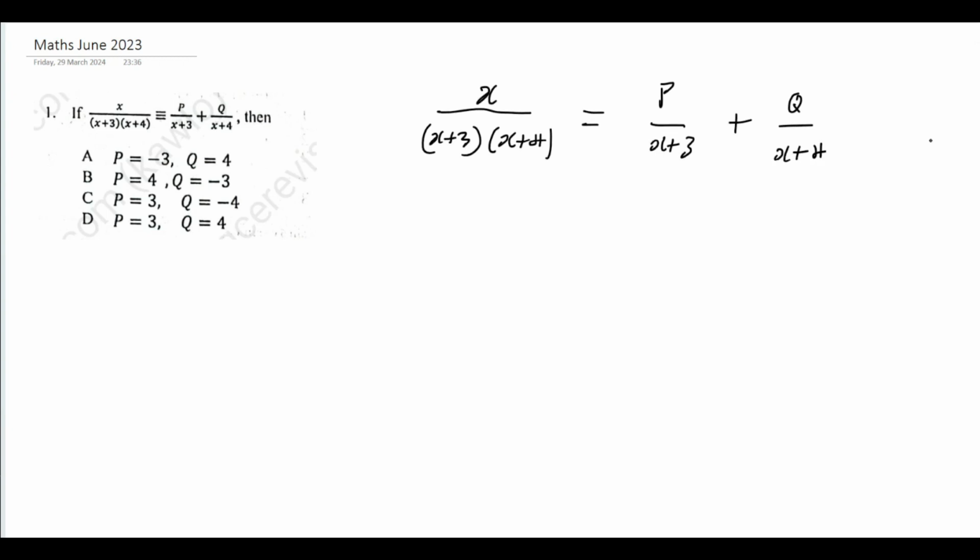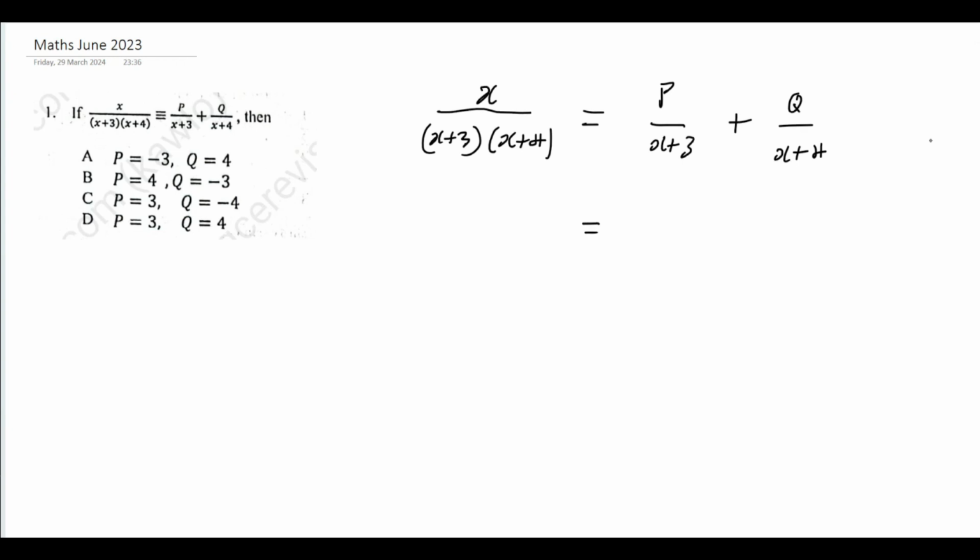Basically that's what the equation has done. So that simplified it for you. So what you need to do is to look for the LCM here, and then you equate the two. You equate both the numerator with the numerator and the denominator with the denominator. So here the LCM is simply the product of these two.